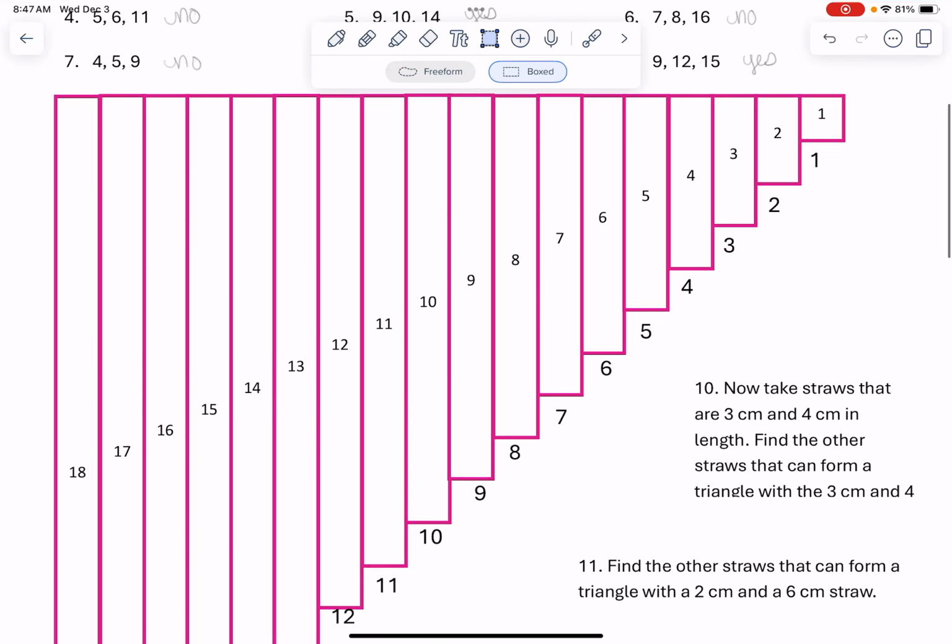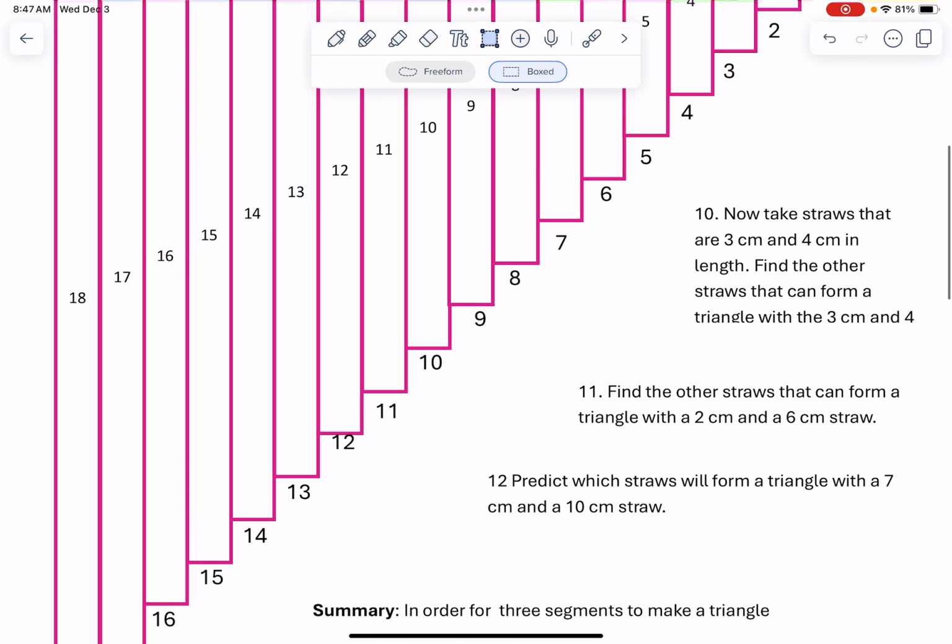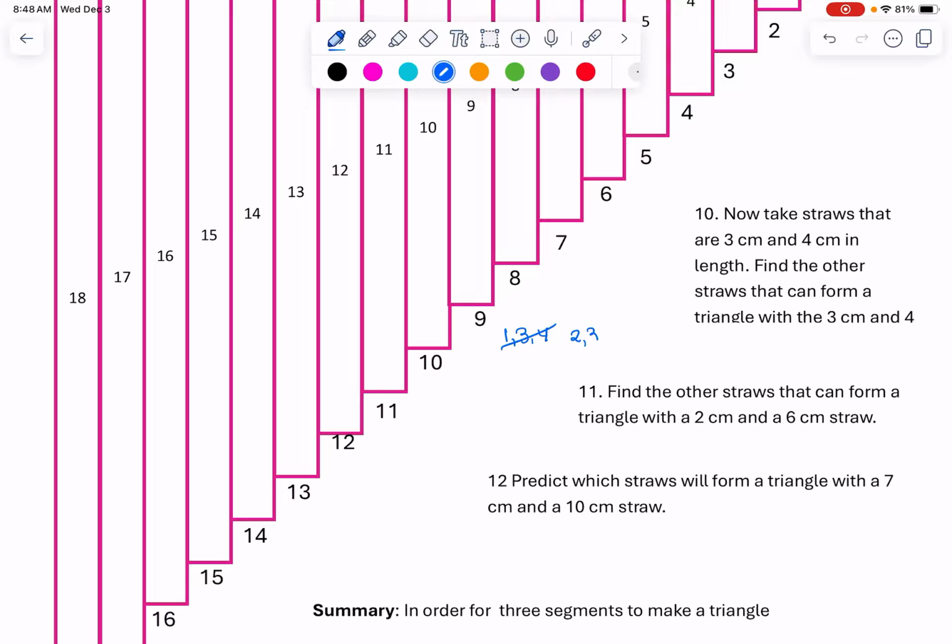All right, so now when we took the straws 3 and 4 and added them with other straws that worked, hopefully you noticed that 3, 4, and 1 did not work. But 2, 3, and 4 did work.